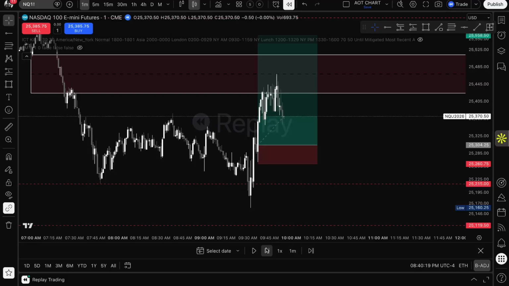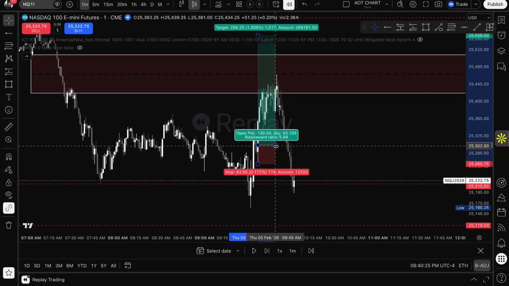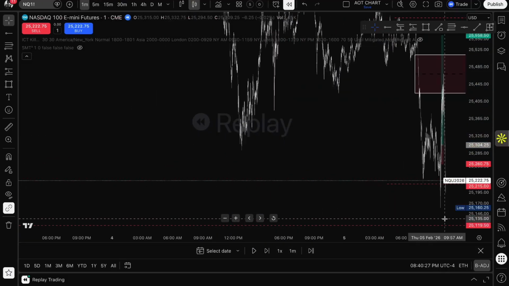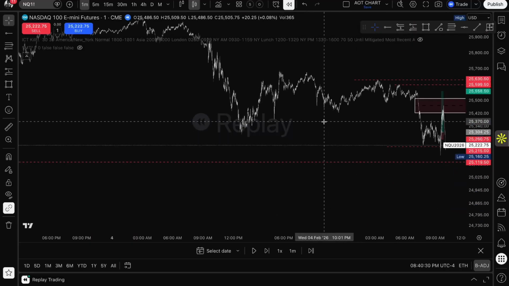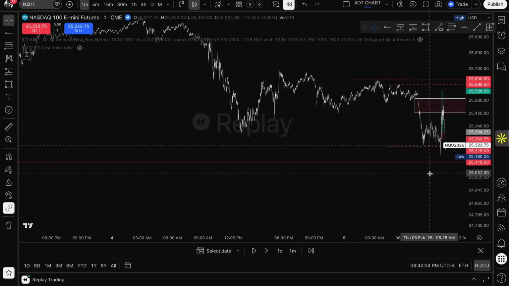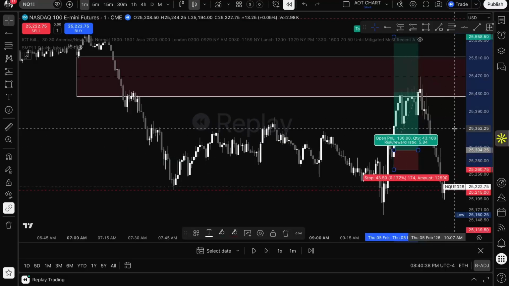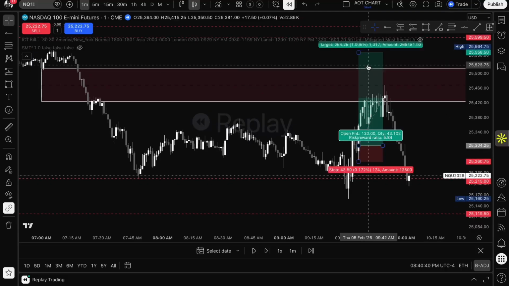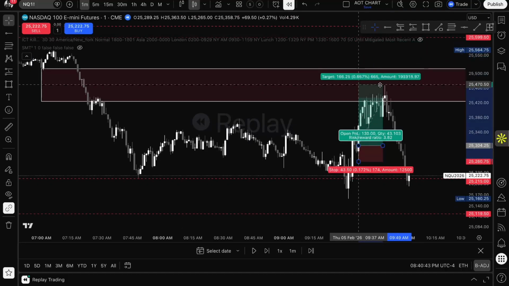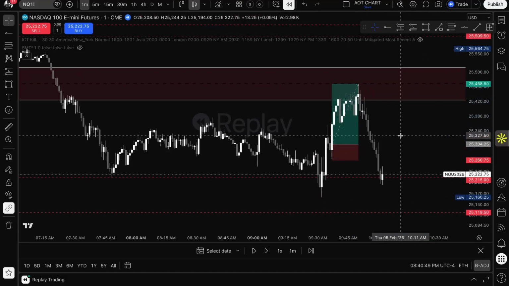You end up getting stopped out, because this is just a continuation of what we've been seeing on the higher time frame. Bullish moves to the upside end up failing and going lower, right? But say best case scenario you would have caught 164 points, right here.